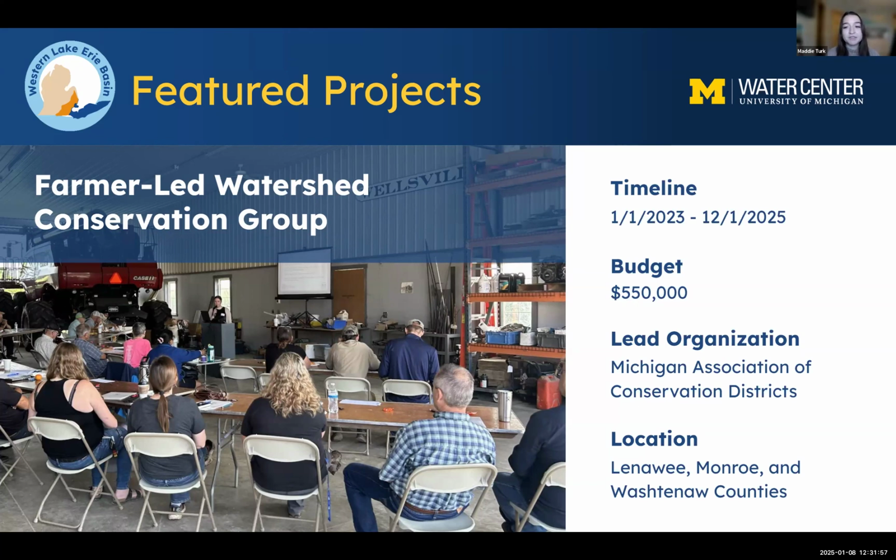This group helps farmers adopt best management practices to improve soil health, increase crop yields, reduce farm input costs, minimize nutrient loss, and enhance water quality in the Western Lake Erie Basin. One of the major ways this group supports other farmers is by providing a wide range of programs, including education, technical support, and financial assistance. This work is funded through the end of 2025 with a $550,000 budget.